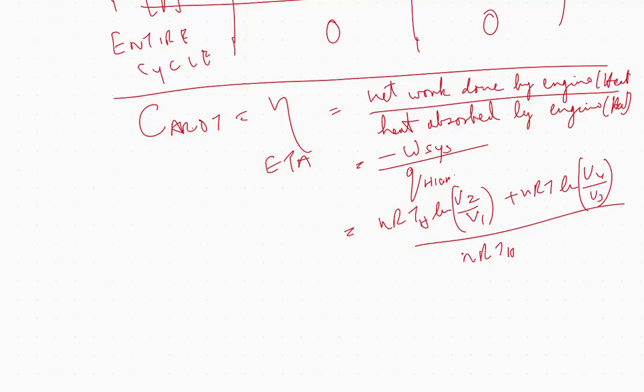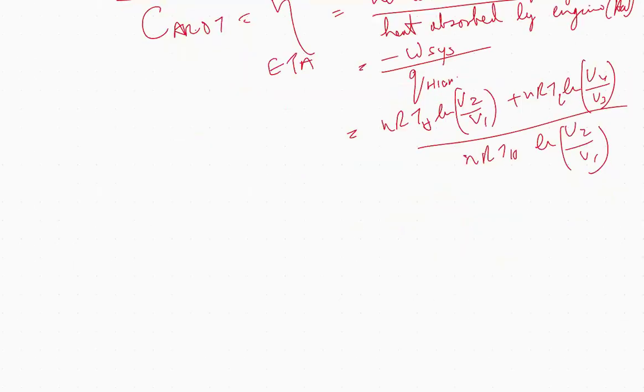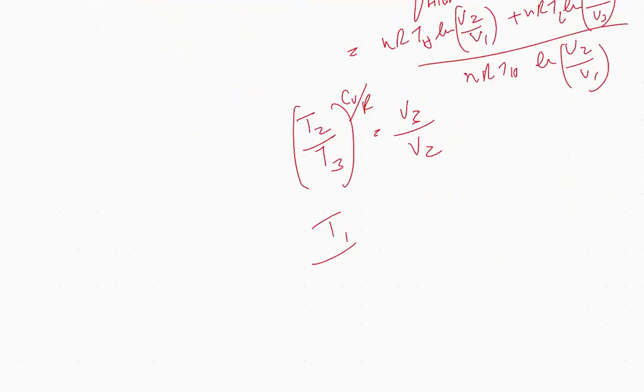So when you combine those things, we get different formulas, but I'll write it here. T2 over T3 to the power CV over R equals V3 over V2, T1 T4 to the power CV over R equals V4 over V1.